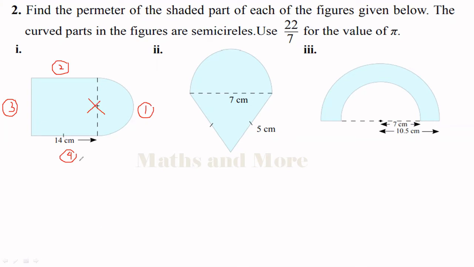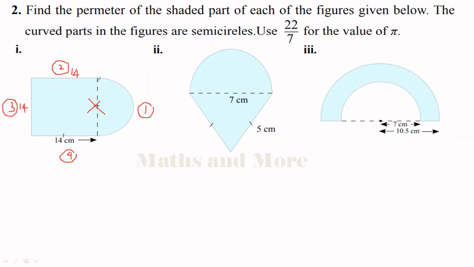Okay, if this is 14, this is a square, no? Then this side also 14. This side also 14. But how to get the arc length, this length? You have to get that. How to get that?